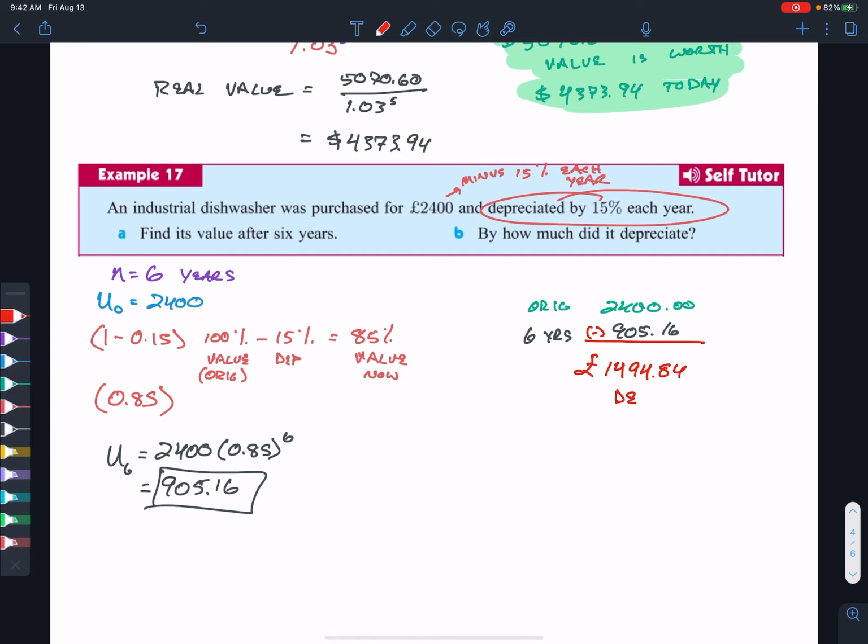That is the depreciated value, or the depreciation. I think that's how we say it or spell it. So that's our depreciated value.